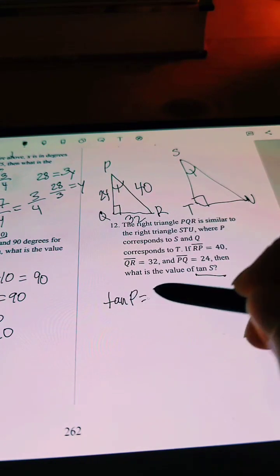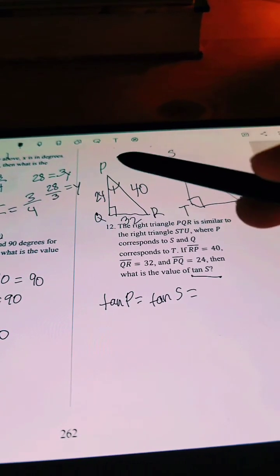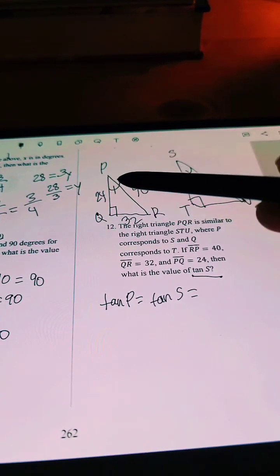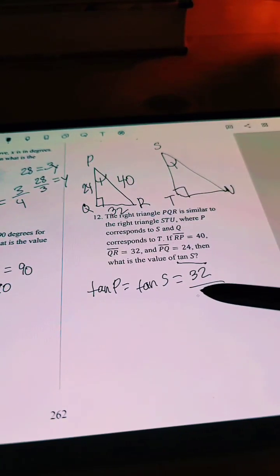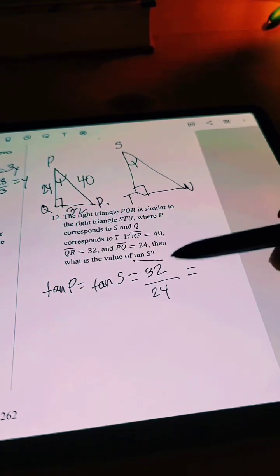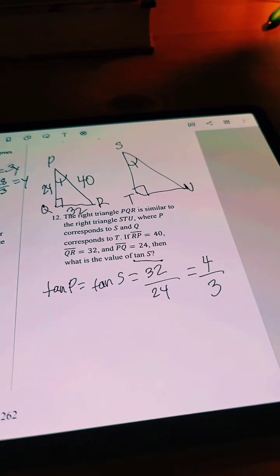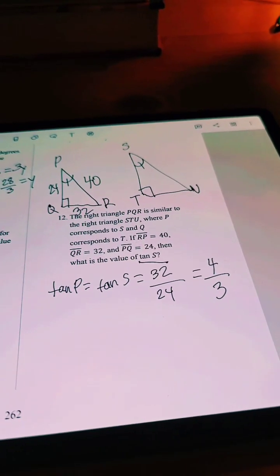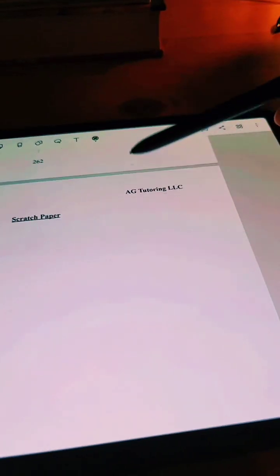Tangent of P equals tangent of S. And I know that the tangent of P is going to be the opposite over the adjacent. So opposite 32 over the adjacent 24. Then I'm going to simplify by dividing by 8 on top and bottom. So then I'm going to get 4/3 as my answer there. And I think that was the last one for the trig stuff.